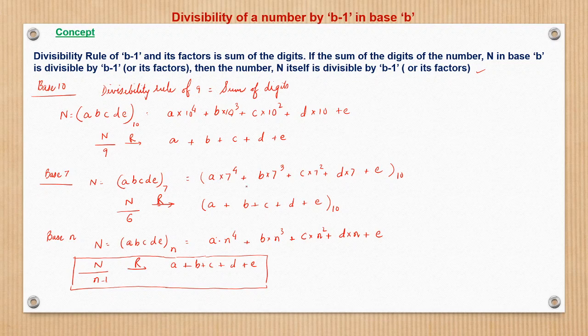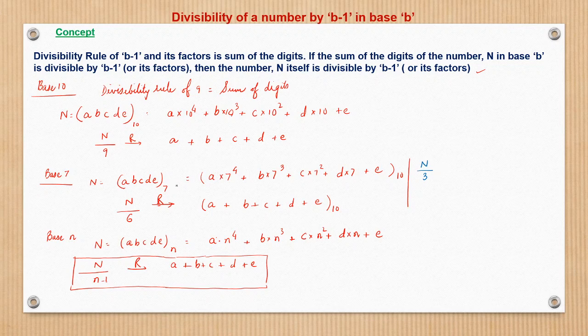So one part we have seen is when that number is divided by n minus 1, or b minus 1, where n or b is the base. Now I take one sub case wherein the divisor, instead of 6, had it been 3. So what would be n by 3?